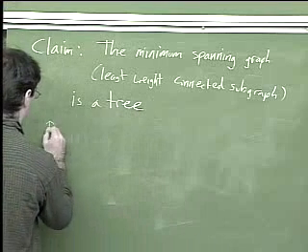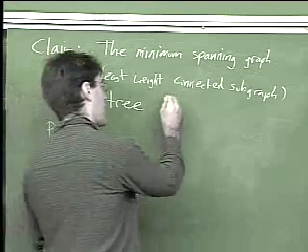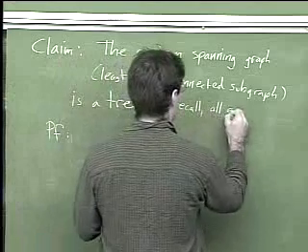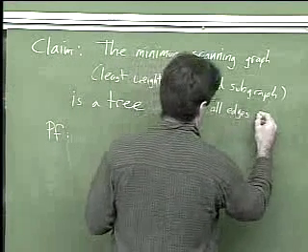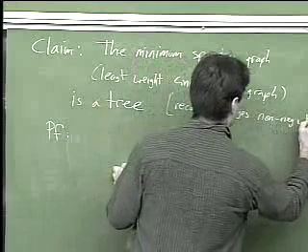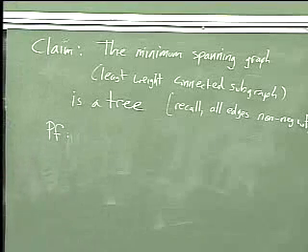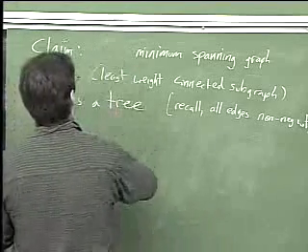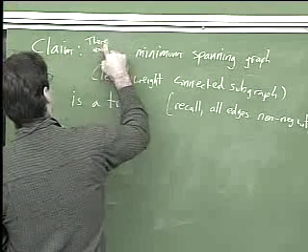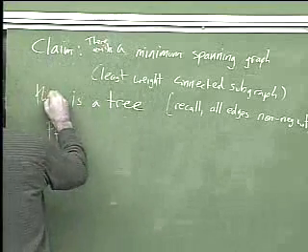What's the proof of that? And recall, I should also add, all edges have non-negative weight. Oh, sorry, there isn't a unique one, so we'll say there exists a minimum spanning graph that is a tree.